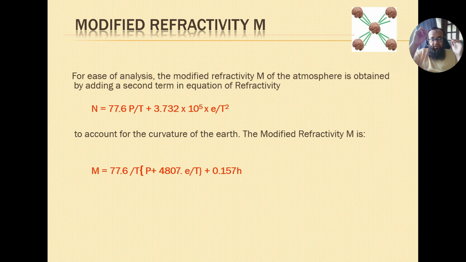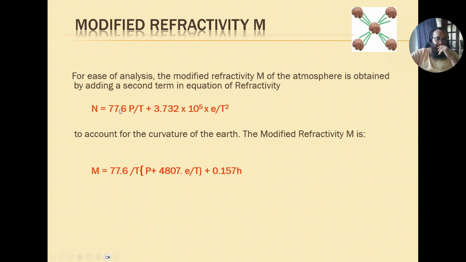We know that there is another aspect, which is the curvature of the earth. And this curvature of the earth is a changing number, it may change depending on many things. So we have a modified refractivity which is called M.